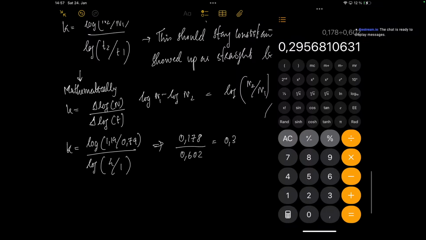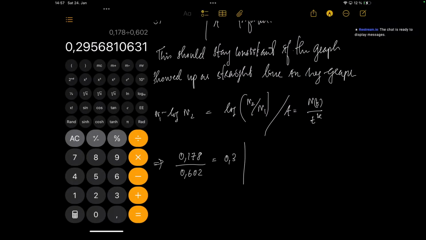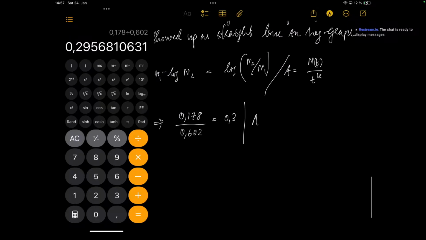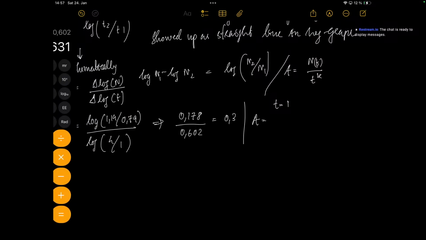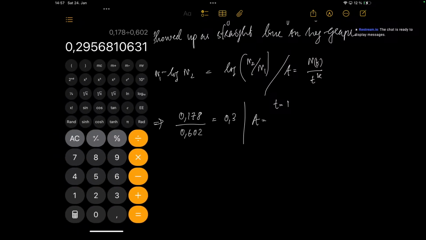So if we get that to 0.3, what does that mean? A equals N at t equals 1. What was N? 0.79 divided by 1 raised to 0.3. How?